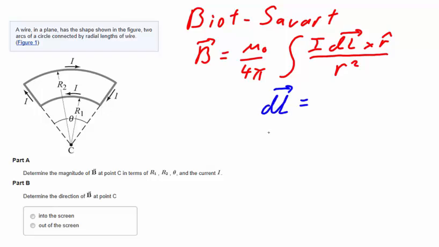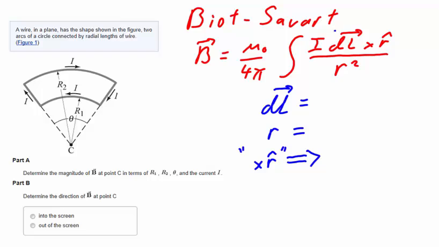The second will be the distance r, which we recognize is not necessarily a radius, but is in fact the distance between the piece of current and the point P, or point C in this case, where we're doing the calculation. And finally, we need to attend to the direction vector. The direction vector will be handled here by a shorthand notation that I'm calling dl cross r hat.